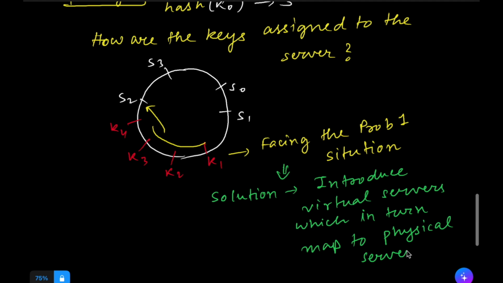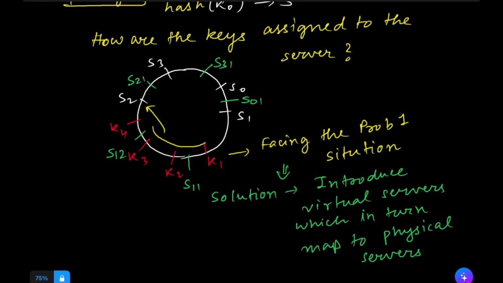So let's say S1 has its virtual server here, two virtual servers for S1, another virtual server for S2, another for S3, and S0 has another virtual server here.